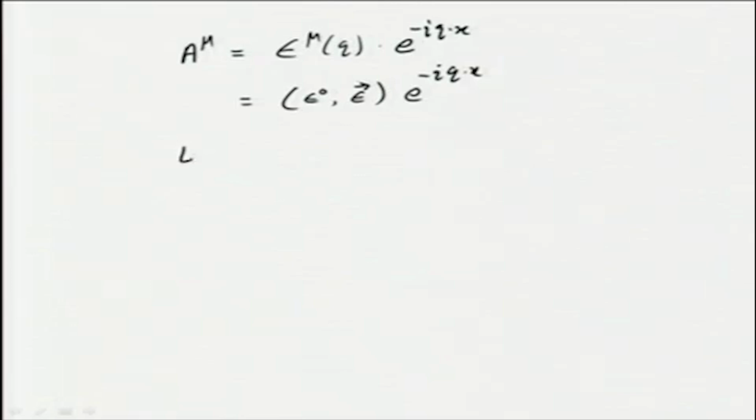What is E? Electric field is equal to minus grad phi minus dou A by dou t. Supposing we do not have any electrostatic potential phi and electric field is only due to the changing magnetic field, like in the case of electromagnetic waves.